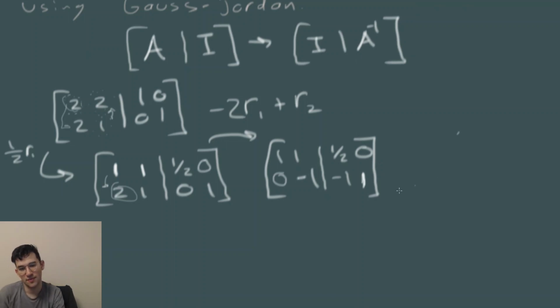Alrighty. Now see, we used to have 1 here, but we do not anymore. So we need to get rid of that negative 1. So negative 1 times what equals 1? Negative 1 times negative 1 equals 1. So we're going to do negative 1 row 2 to get us our next matrix.